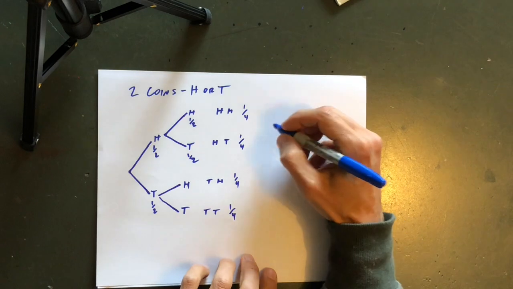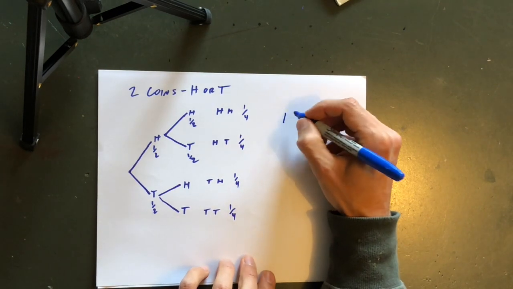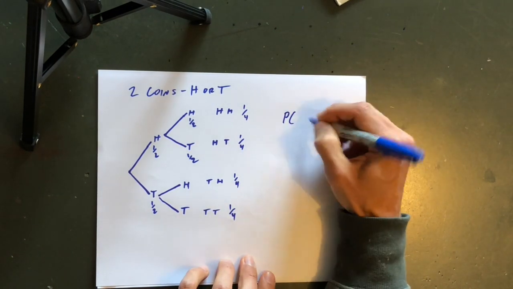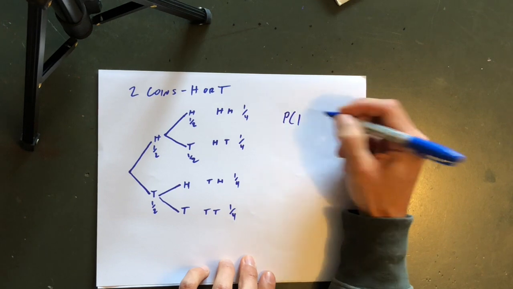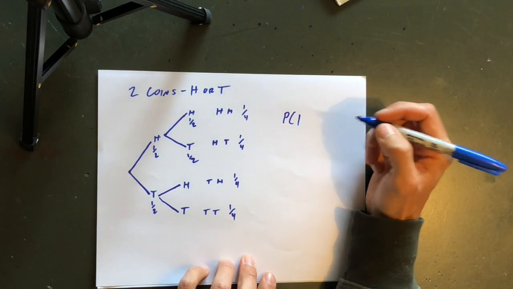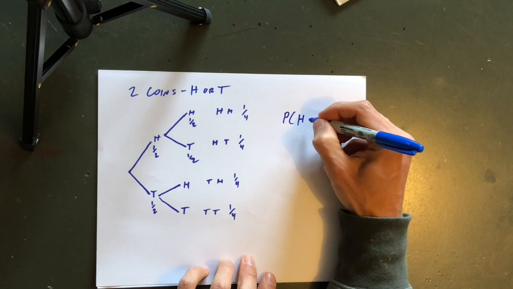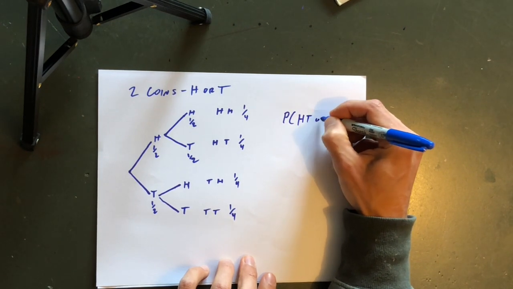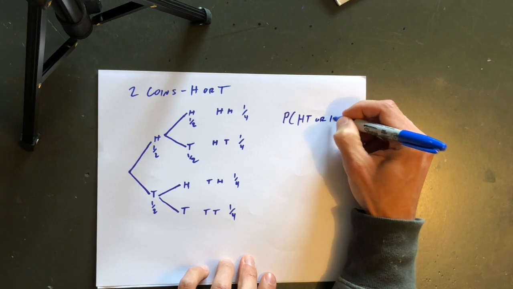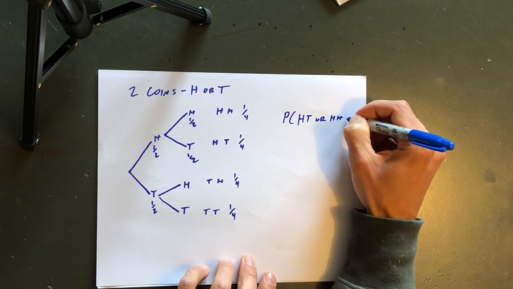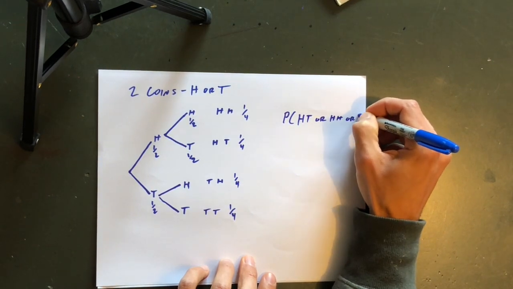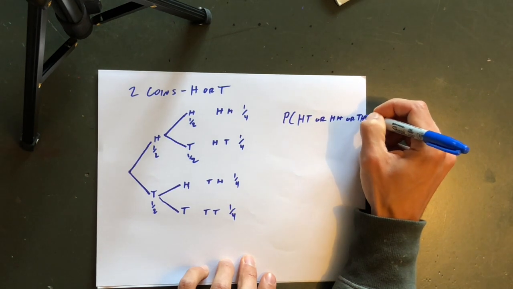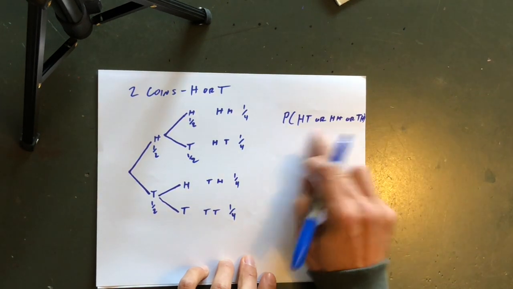So if we wanted to say, what's the probability of, let's say, at least one head, so in other words, heads, tails, or heads, heads, or tails, heads. Because this would be at least one heads.